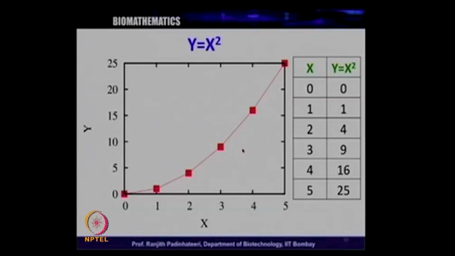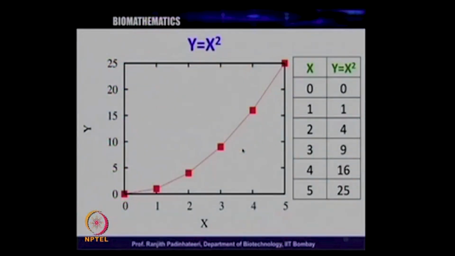We will compare y equal to x and y equal to x square soon, but you can clearly see this curvature, and for every value of x you have a y value. So, x equal to 1 has y equal to 1, 2 has 4, and 3 has 9, and so on. You can see from the graph that y equal to x square is curved, it is not a straight line.